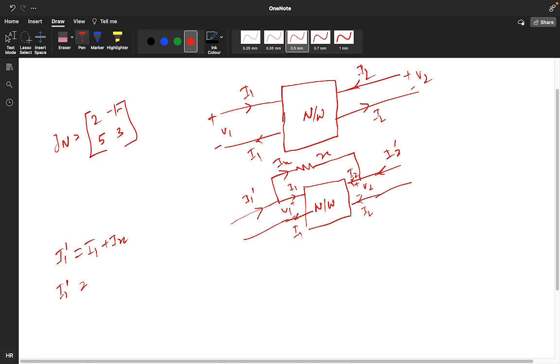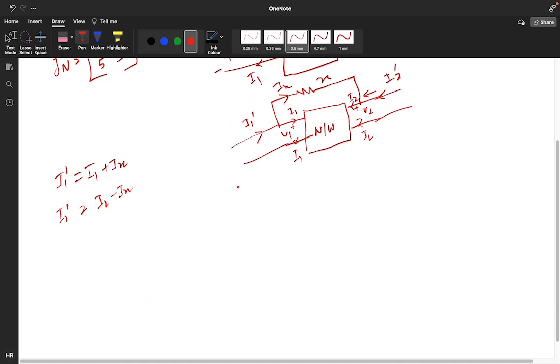I2 dash value is I2 minus Ix. I had applied just KCL. From here it's getting split, so I2 minus Ix, I am getting I2 dash.